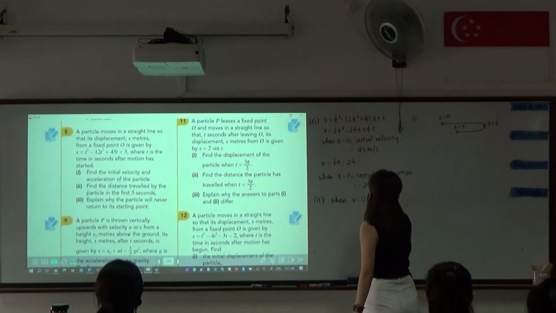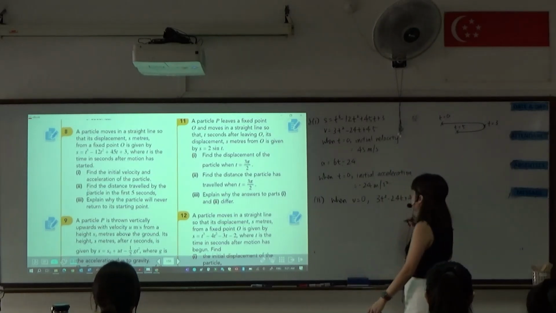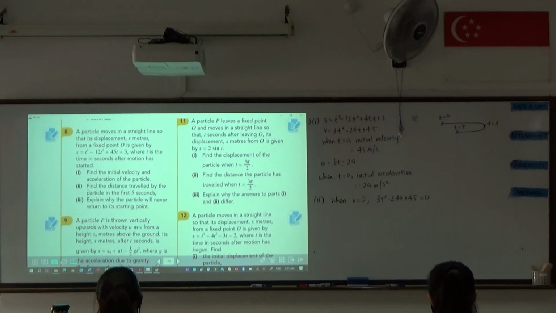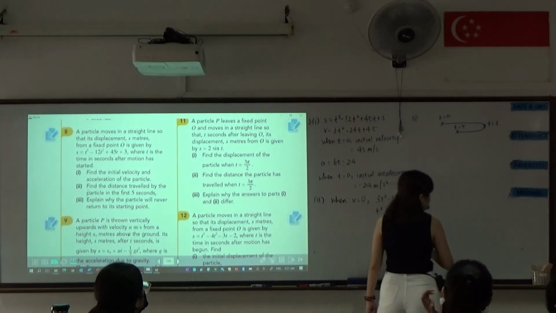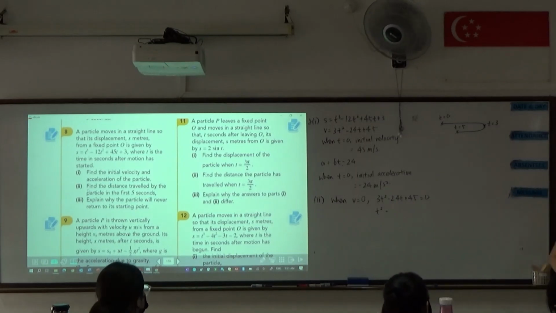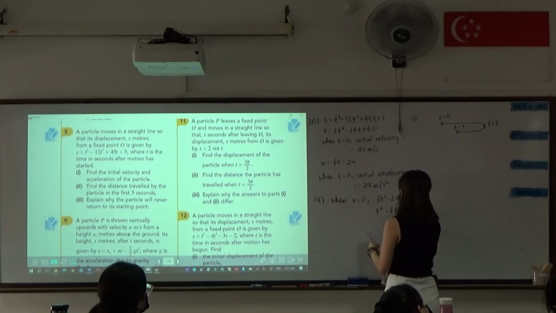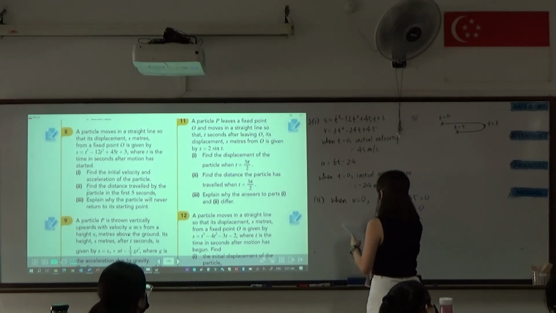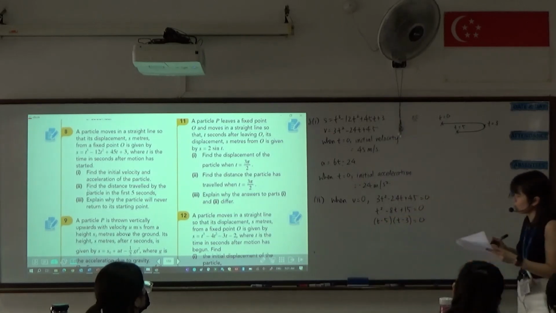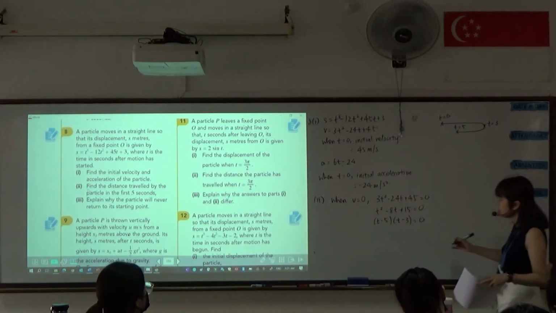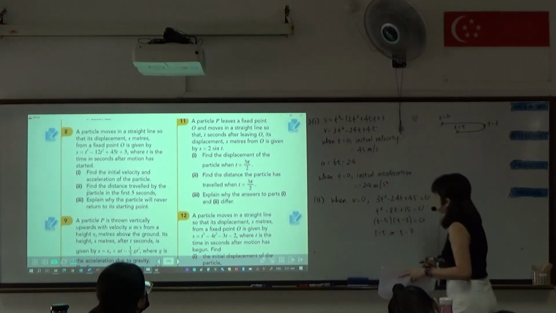So when v equals 0, we solve the equation 3t squared minus 24t plus 45 equals 0. And then this one can simplify, such that we get t equals 5 or t equals 3.